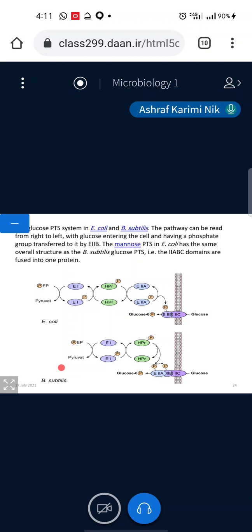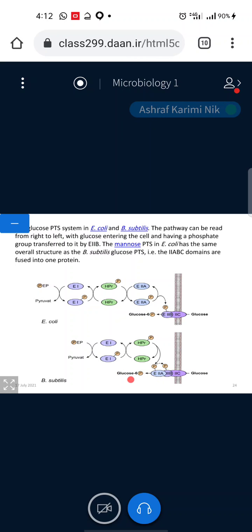At first, PEP, phosphoenolpyruvate, converts to pyruvate and the phosphate is transferred and transferred, and finally glucose converts to glucose 6-phosphate. The enzymes E1, HPr protein, E2A, E2B, and 2C are involved in this transport. And for Bacillus subtilis too: PEP, E1, HPr, E2 enzymes, E2A, E2B, and 2C.